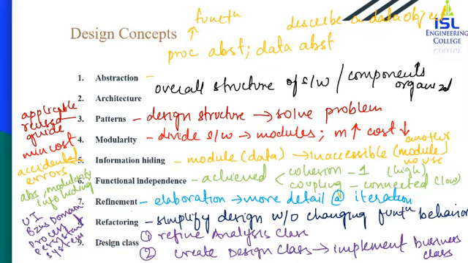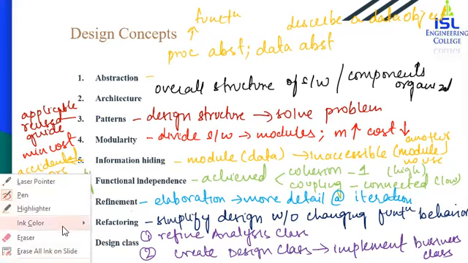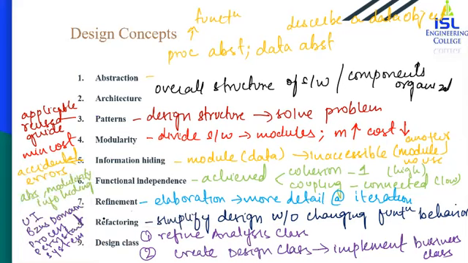Now for architecture, I did not write the different architectures. Okay. The different architectures that we've studied are as follows. You can have structural models that represent the different program components.